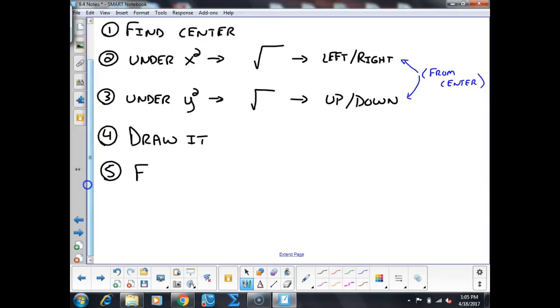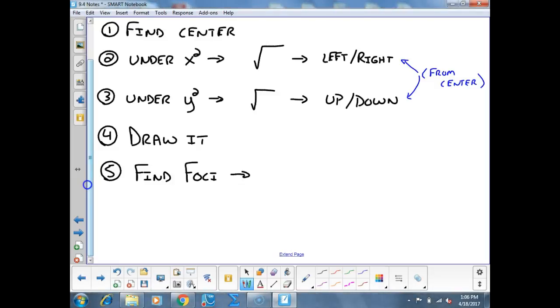You have to find the foci. And the foci you said are located on the major axes, right? How do I tell which one's the major axes? The longest one. Longest one is the major axis.